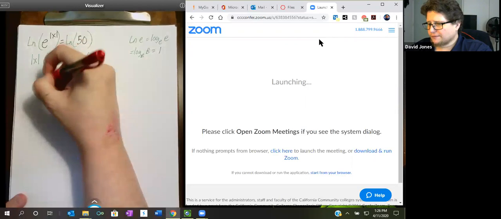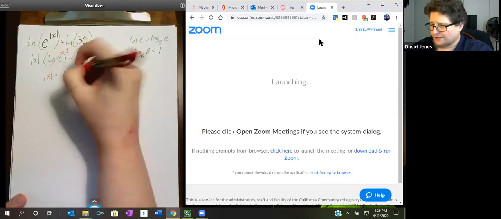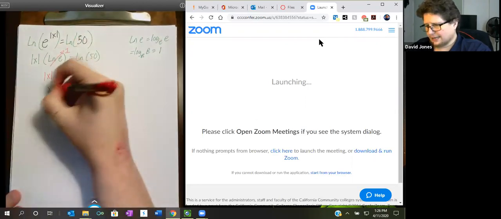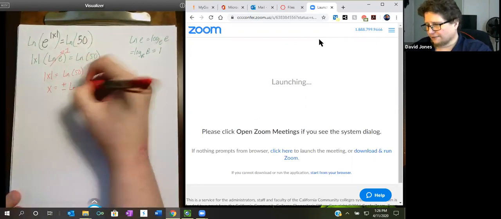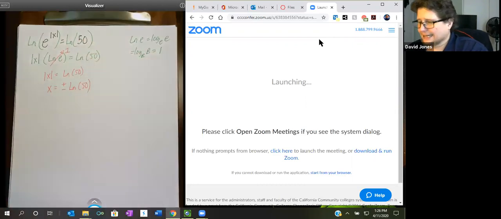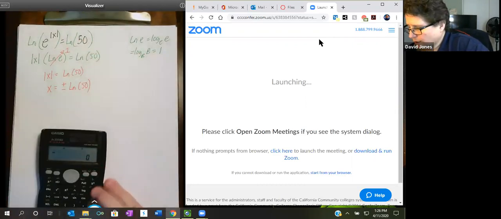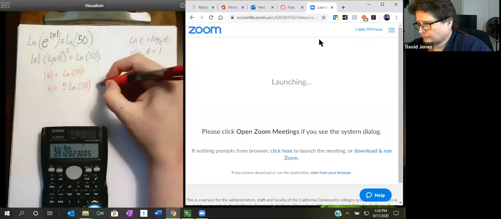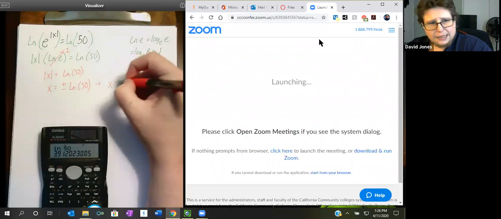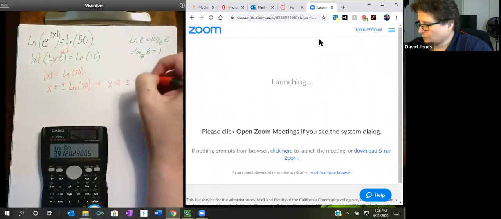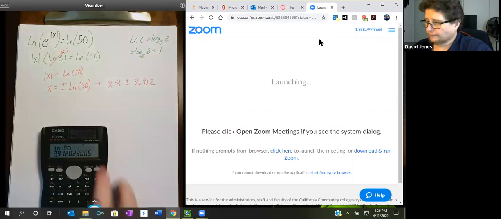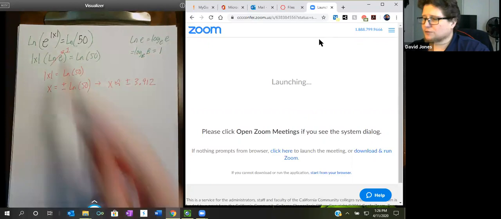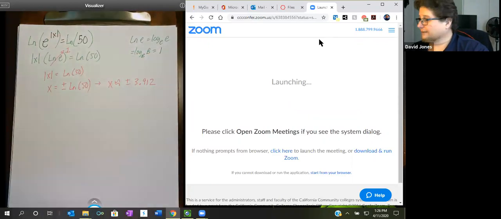And I have the absolute value of x equals the natural log of 50, which means x equals plus or minus the natural log of 50. Those are exact answers. If we want an approximation, we can use a calculator. x is approximately plus or minus 3.912. And here, x can be negative because we're taking the absolute value of it when we're done.